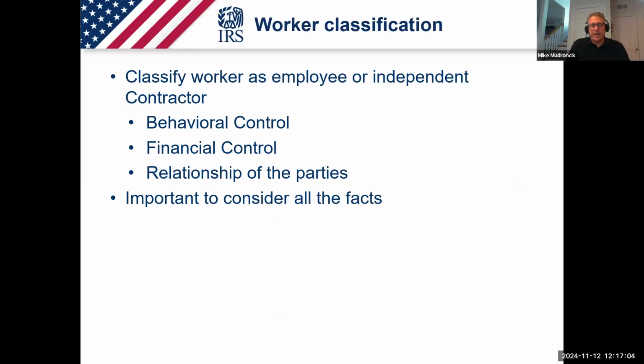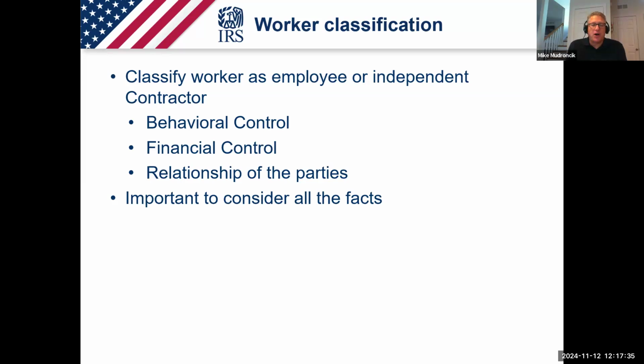But let's start getting into the meat of how to determine whether an individual that you're going to be using to provide services to you is an employee or independent contractor. The courts have considered many facts in deciding whether a worker is an employee or an independent contractor, and we'll be talking about them here.